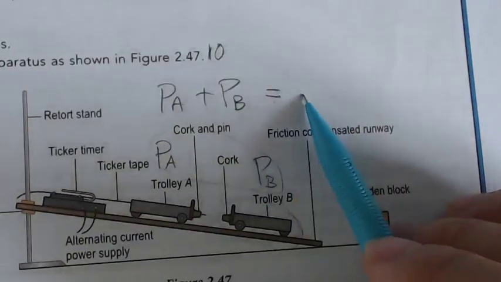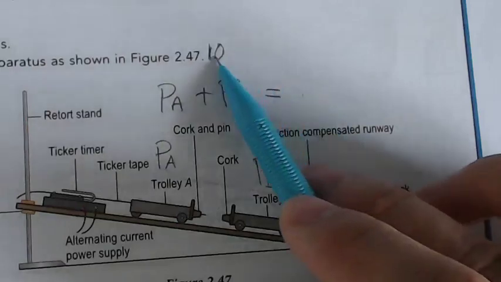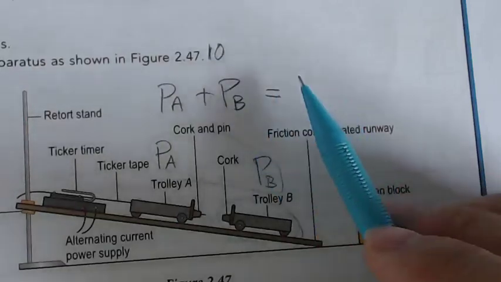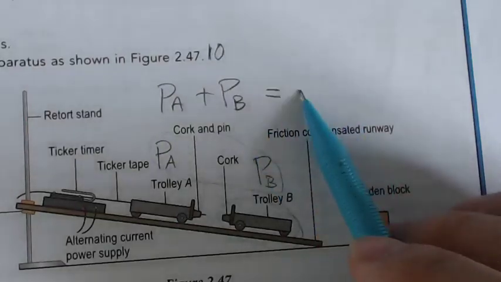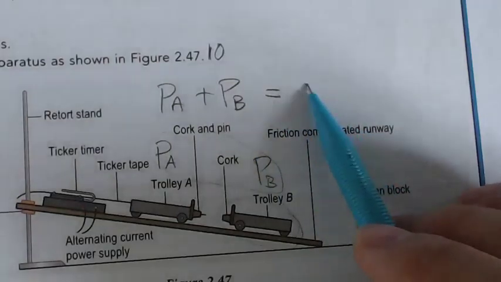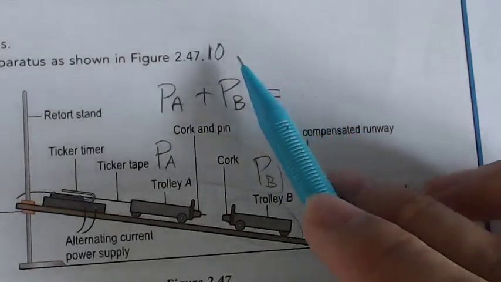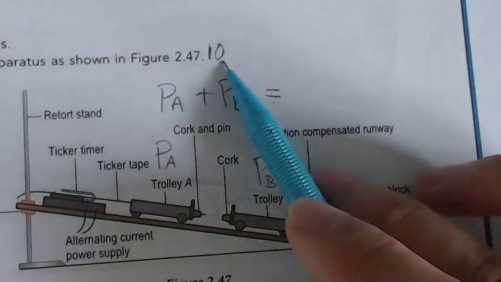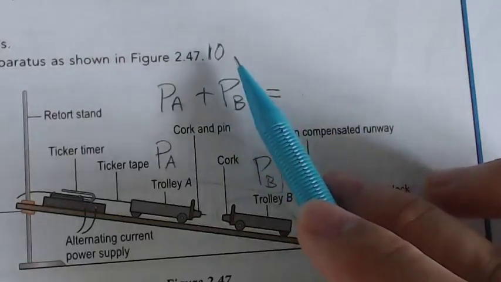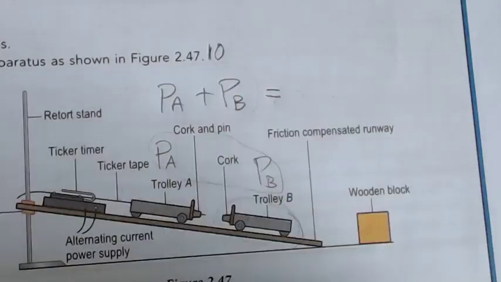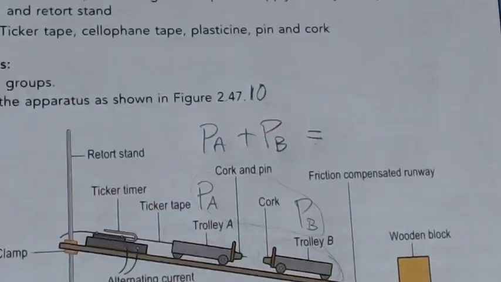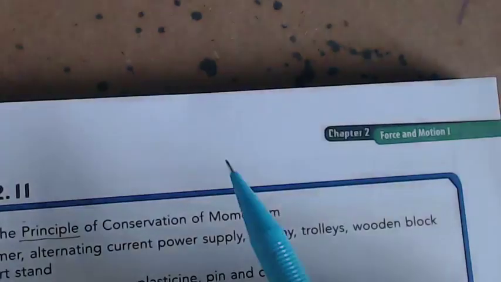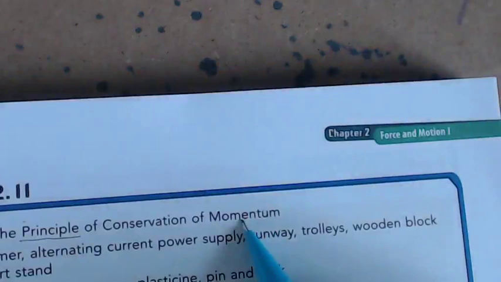If we got the same value as the left one, the same value after and before the incident, before the hit, that tells us that the momentum is conserved.